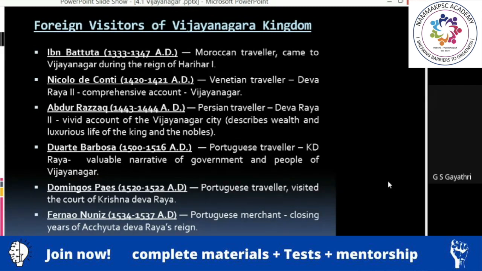When you copy this slide, please make sure that you write down the dates. I'm pretty sure that you can't reproduce this in the exams, and it's absolutely fine. But then why do you have to copy these dates? To develop a context when you're actually writing about these people. When you pass through Nunes, 1534 to 37, you should understand that we are in our Tuluva dynasty.